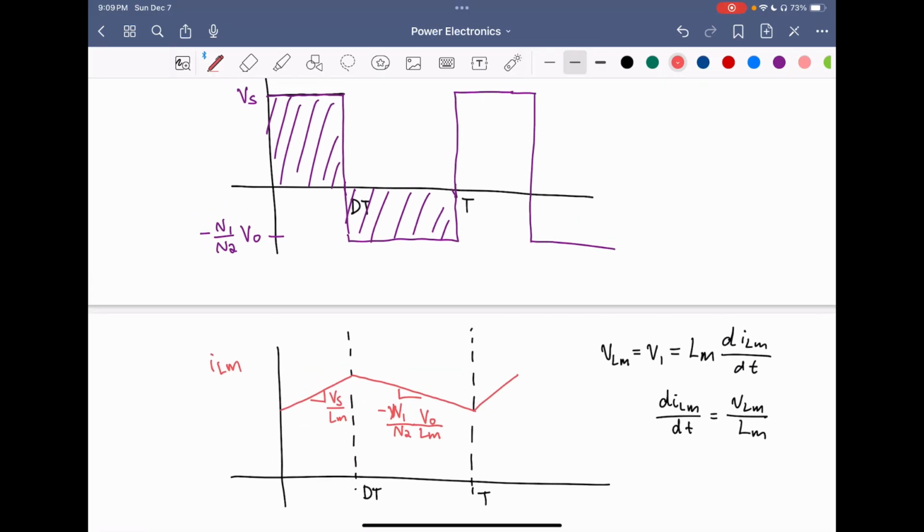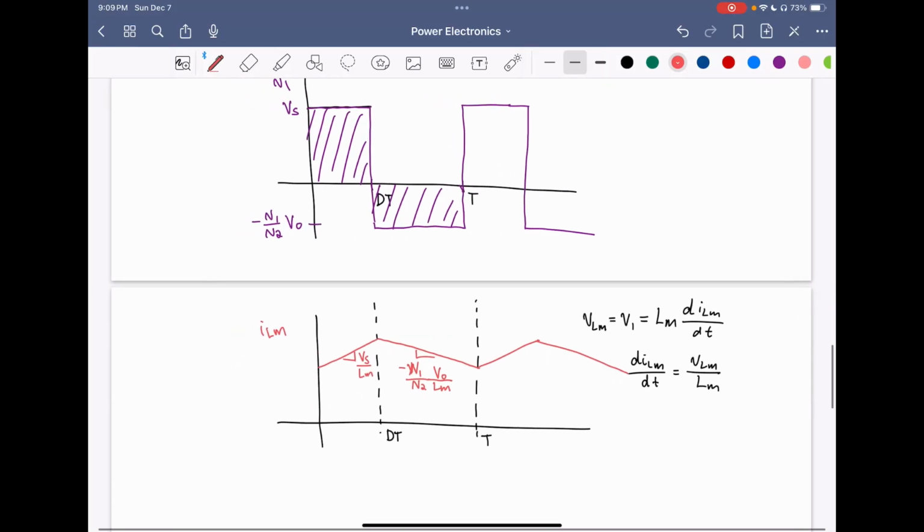So this is our waveform for the magnetizing current. And note, because we're analyzing this circuit in the continuous current mode, ILM is positive, and ILM never reaches 0. Because if it reached 0, it would enter the discontinuous conduction mode.